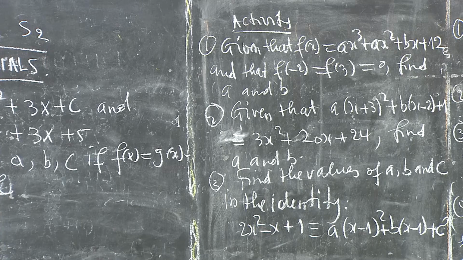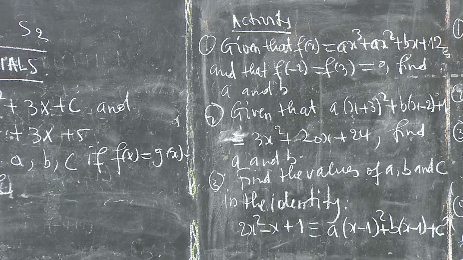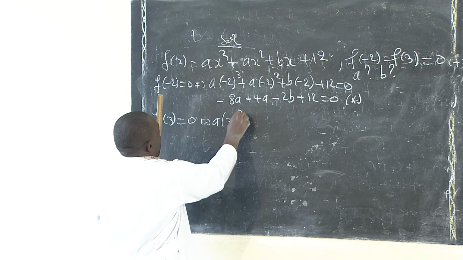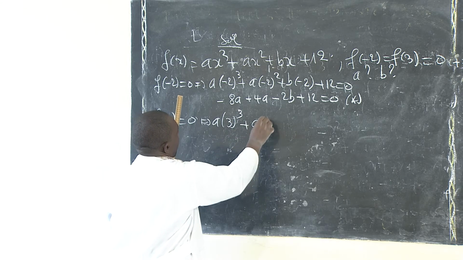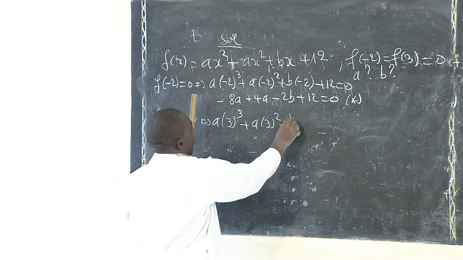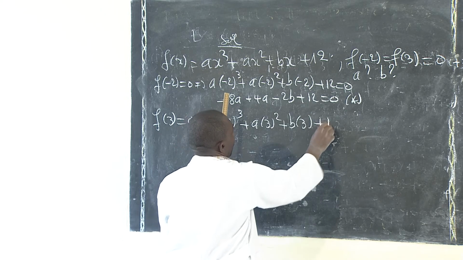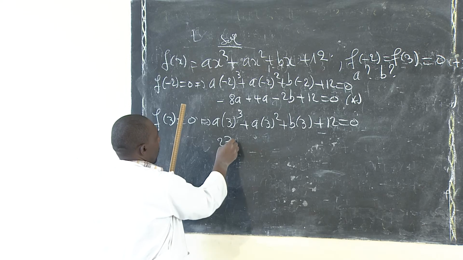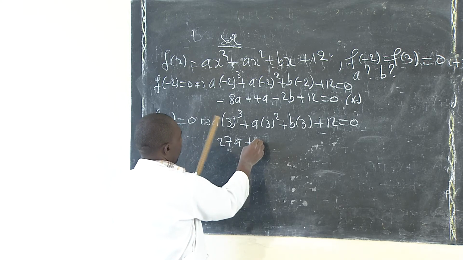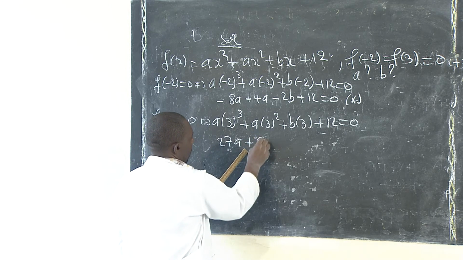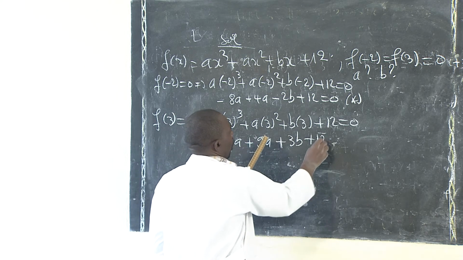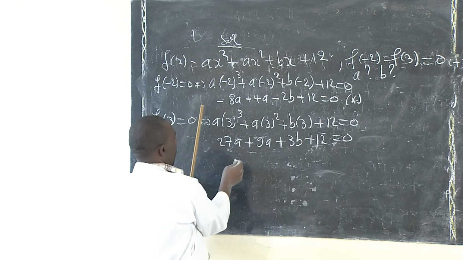I'll be having a times 3 power 3, a times 3 squared, b times 3 plus 12 equals 0. And this is 27a plus 9a, that is 36a plus 3b plus 12 equals 0.